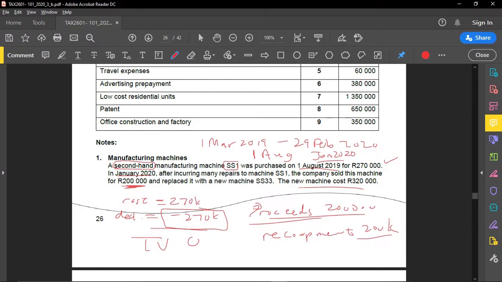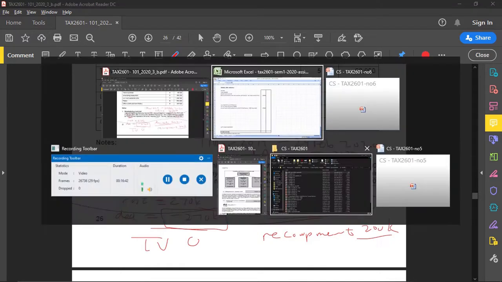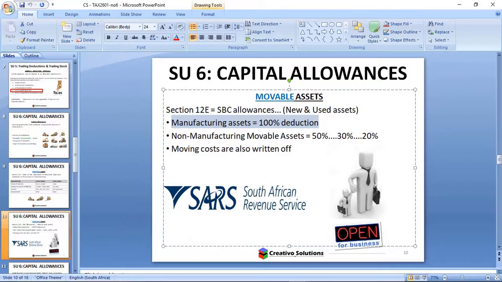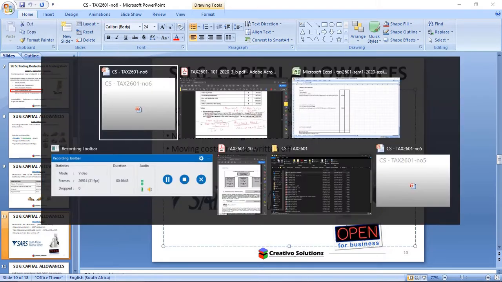Then you replaced it with a new machine. I'm buying a new machine, SS3, and that machine costs 320. Again, because this is an SBC, new and old machines have a deduction that you can claim. In terms of manufacturing, 100%, new and used.